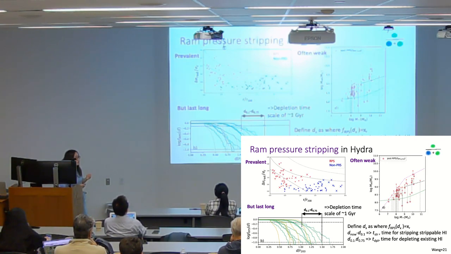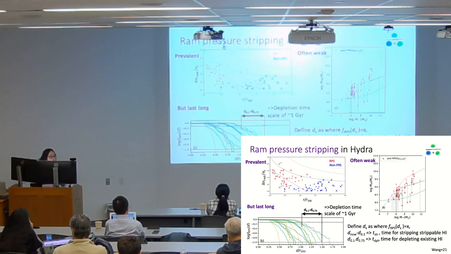It's a depletion timescale. So with these measurements, we found that for a large fraction of the galaxies suffering from ram pressure stripping, the depletion time is going to last from several hundred million years to 1 gigayear. It lasts quite long. It's very different from our previous impression from nearby selected target surveys, where ram pressure usually tends to be strong and quick.